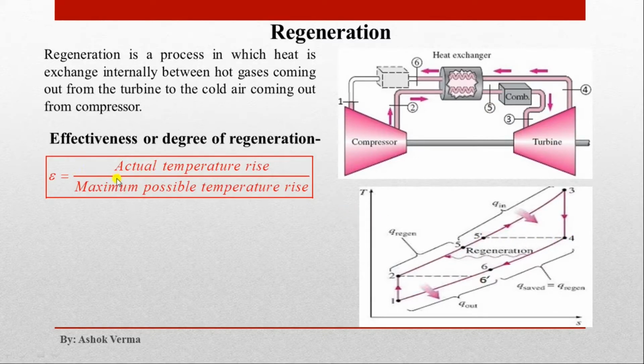So the effectiveness of the regenerator is a function of the actual temperature rise, what actually you are getting and what ideally you can get. So effectiveness will be actual, T5 minus T2, upon T5 dash minus T2. T5 dash is equal to T4. So the maximum possible temperature rise is T4 minus T2.